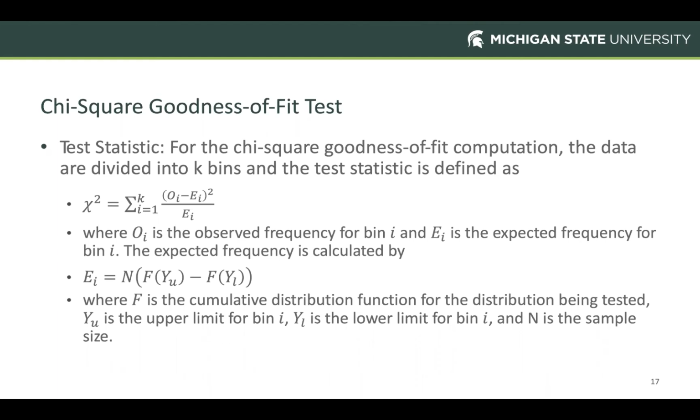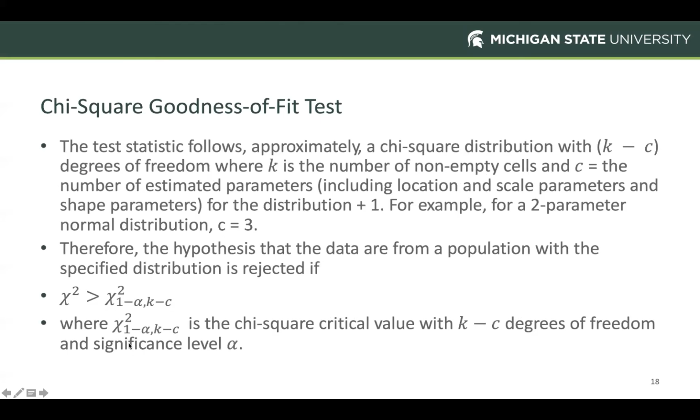We can determine that expected number by going to our cumulative standard normal function, for example, and selecting a value that corresponds to the upper limit and the lower limit of our data. On that basis, we would know what proportion of that entire sample should fall within those bounds, okay?